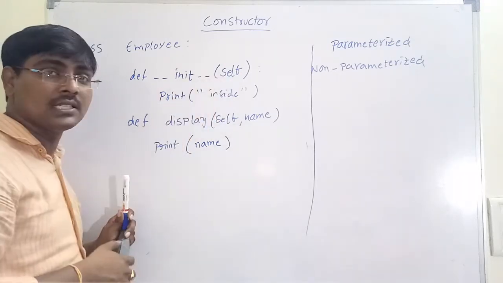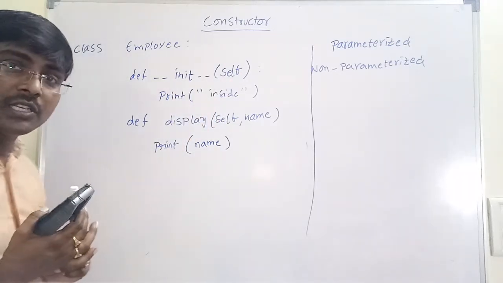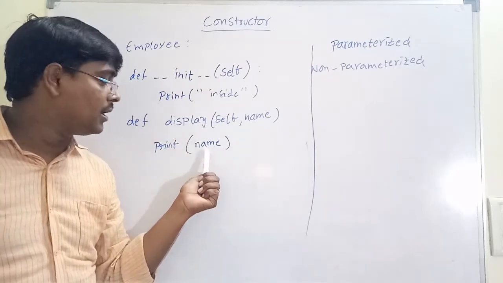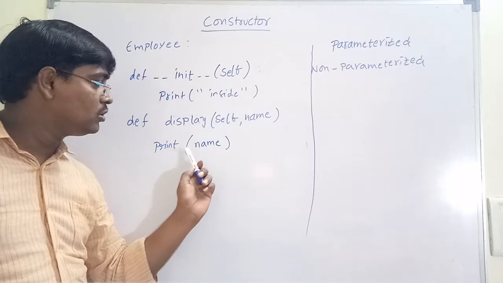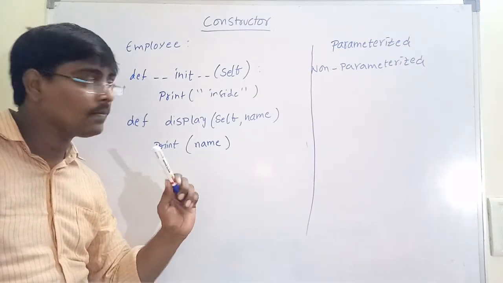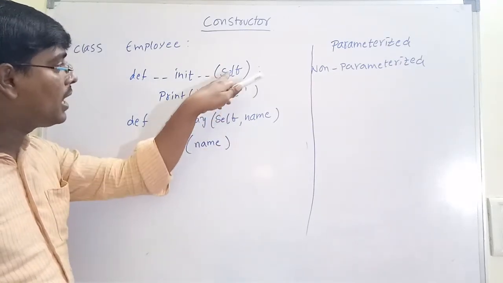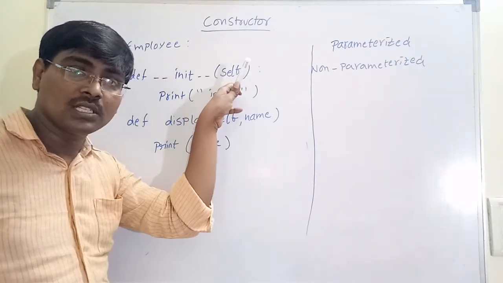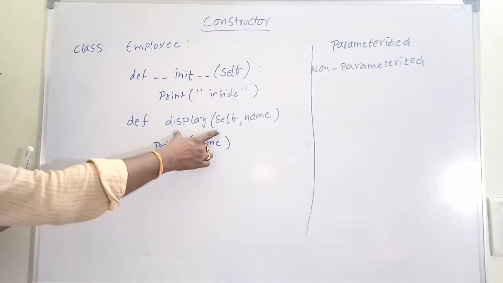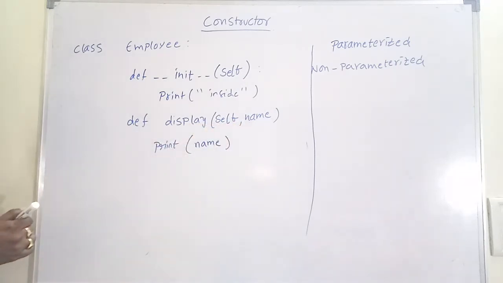In the previous example, in the print statement, I am writing self.id and self.name. But in the previous one I am using the constructor, and the variables are initialized by using this constructor.